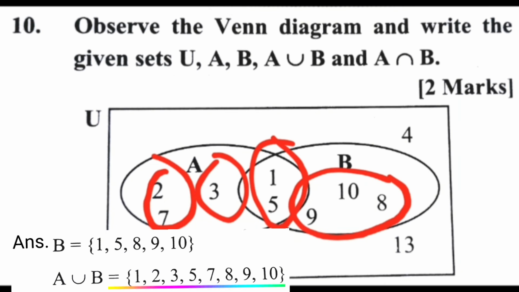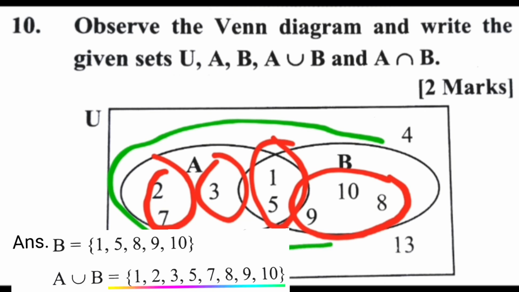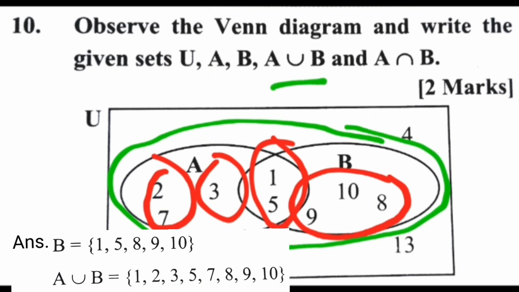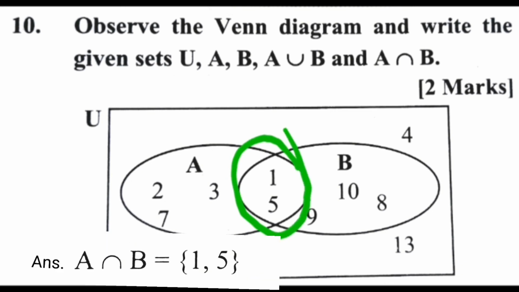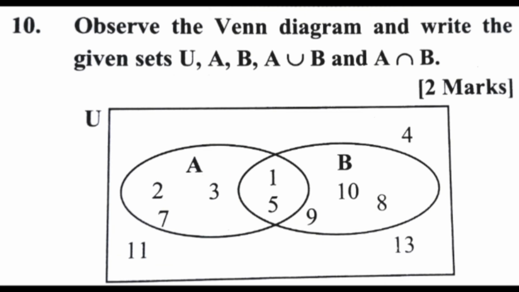So these are the elements present in both these circles. Okay, that means it is A union B. Next, A intersection B, how will we find that? The common elements which are common between A and B, that is 1 and 5. That's it. So this is what you have to find in this question number 10.